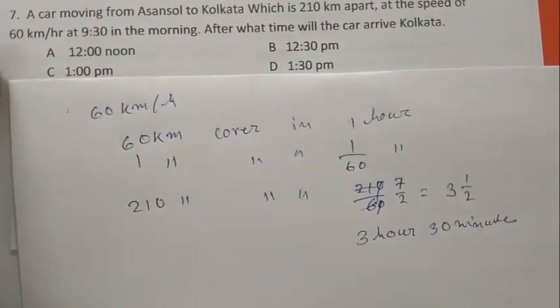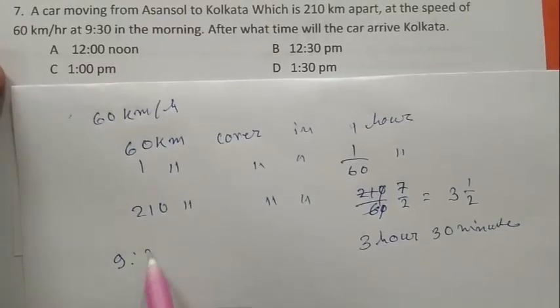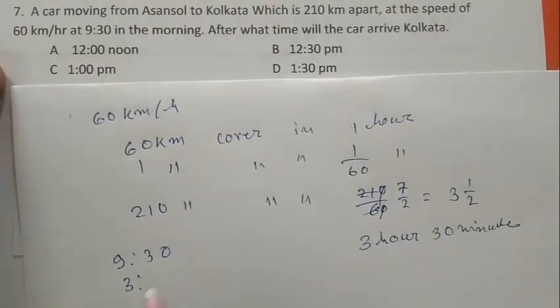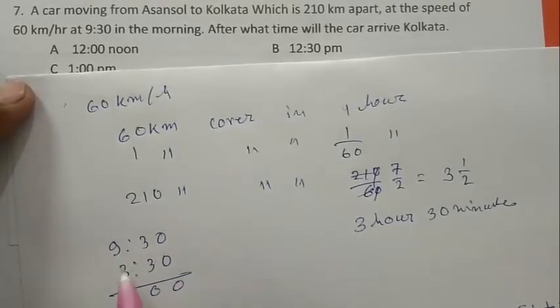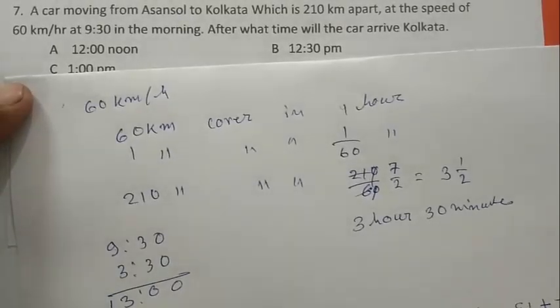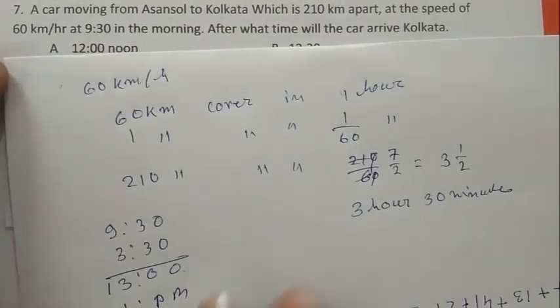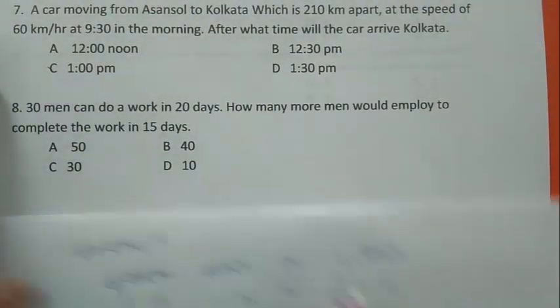So it arrives in Kolkata at 9:30 plus 3 hour 30 minutes, that is 13 o'clock, that is 1 p.m. So C is the right answer.